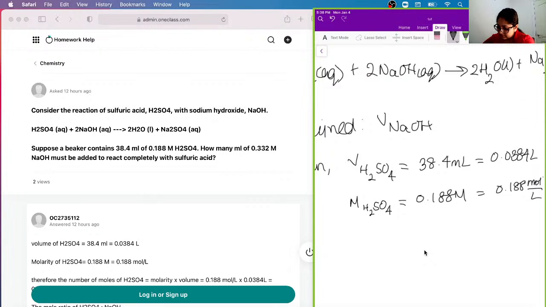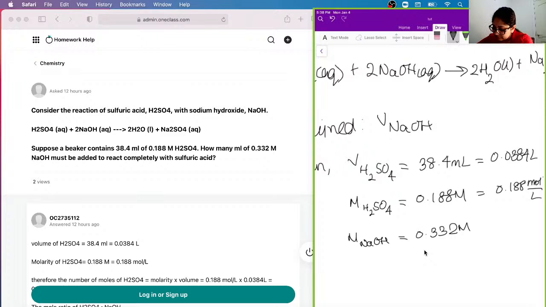So we're given this, and we're given the molarity of NaOH, which is 0.33. Okay, and so what we need to do, so therefore we can say the number of moles.